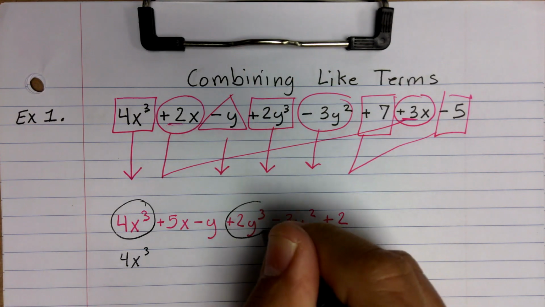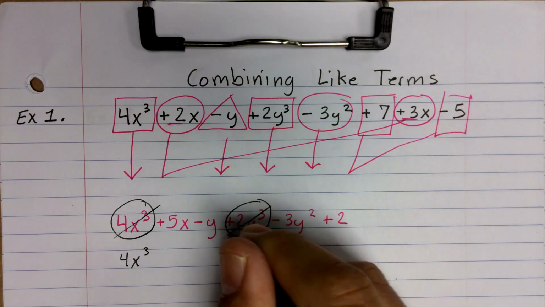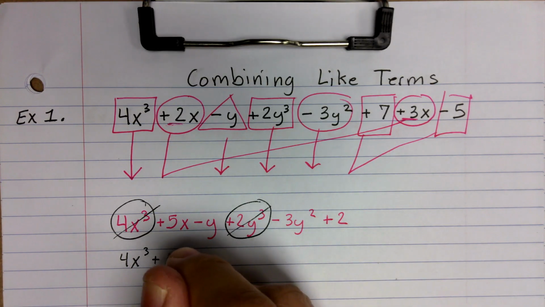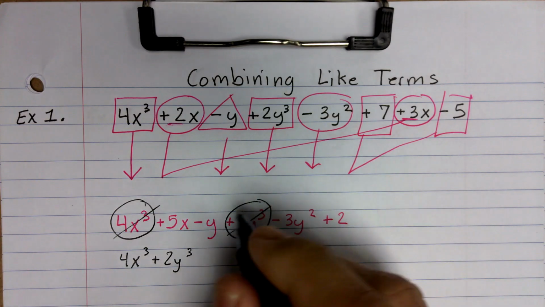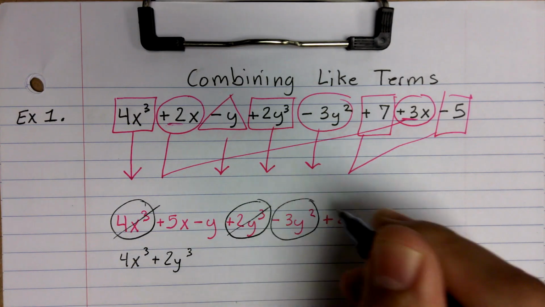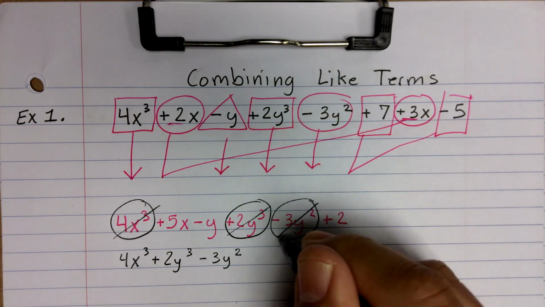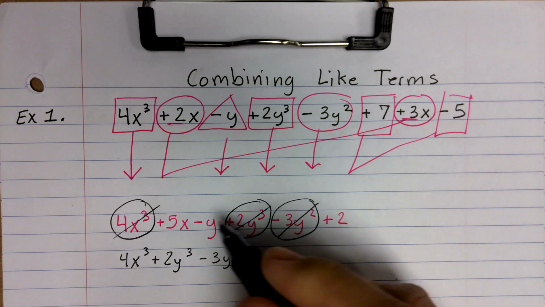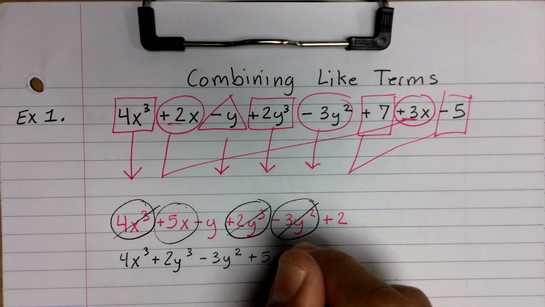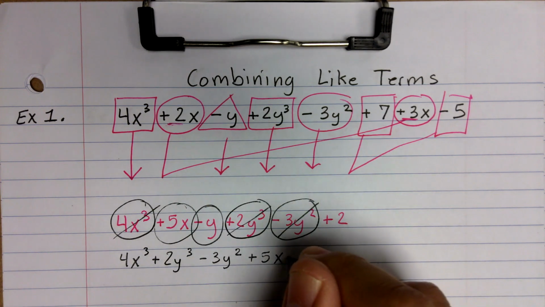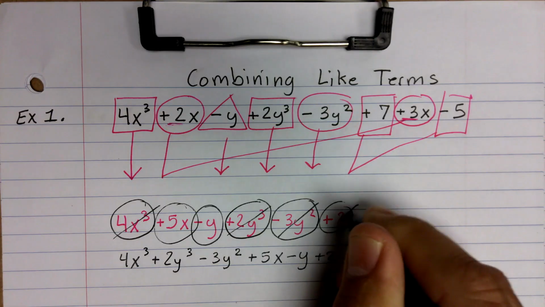And then notice we have this 2y to the power of 3, so I'm going to bring it down, and I'm just going to cross them out as I bring them down, plus 2y to the power of 3, and then we have a y with the power of 2, so minus 3y to the power of 2, and then we have an x and a y, so I'm going to do the x next, so plus 5x, minus y, and then finally plus 2.